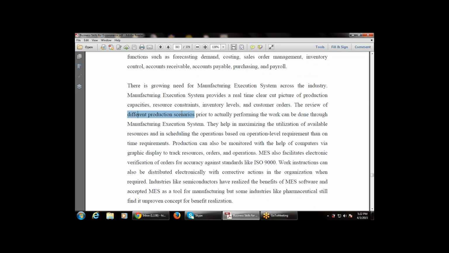The review of different production scenarios prior to actually performing the work can be done through manufacturing execution system. That is, before performing the work, prior checking can also be done using MES.